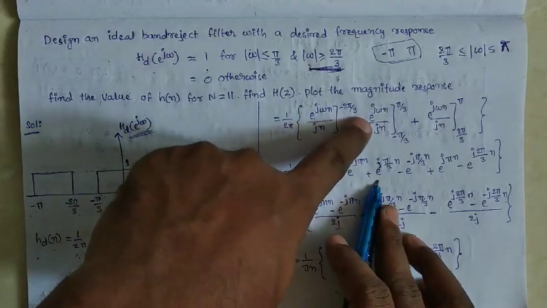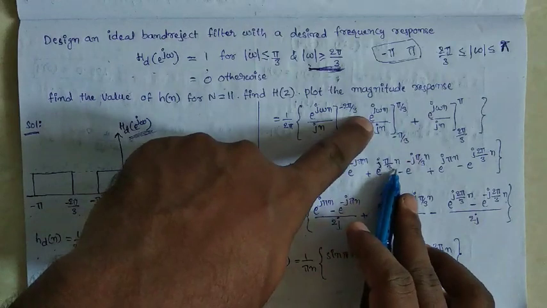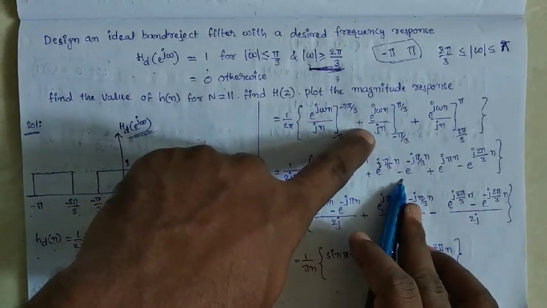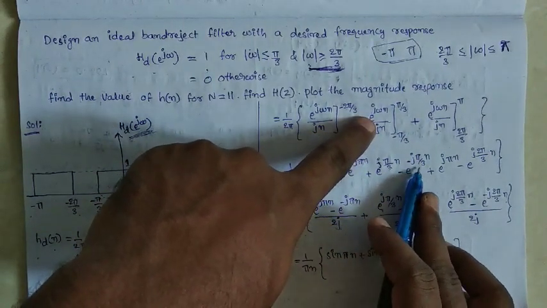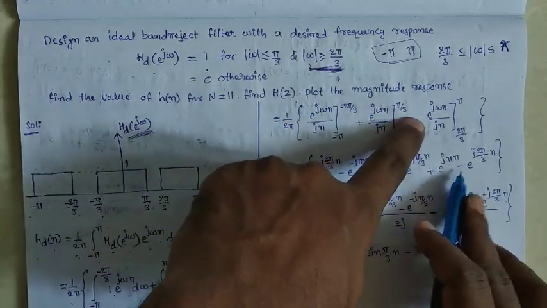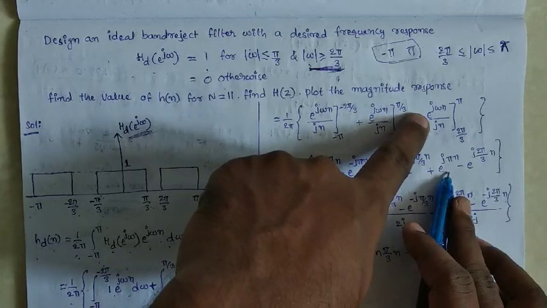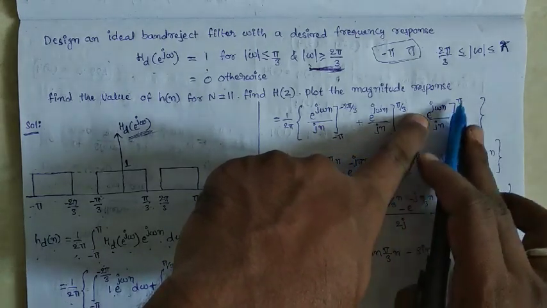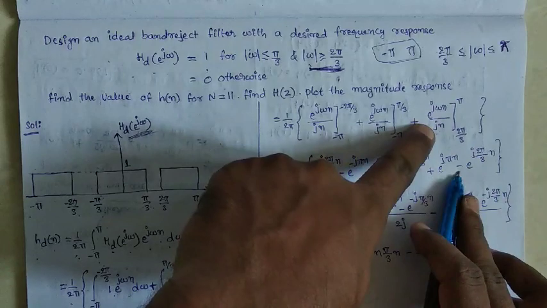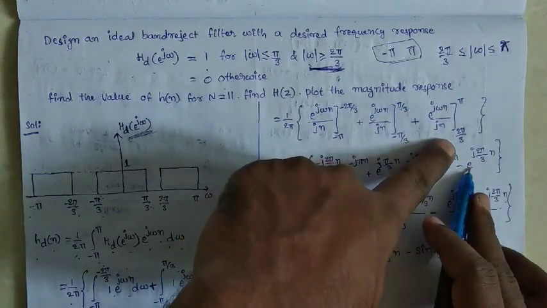plus, similarly, we are applying here e power j 5 by 3 n minus the lower limit e power minus j pi by 3 n, plus here we are applying the limits, e power upper limit first of all, e power j pi n minus e power j 2 pi by 3 n.